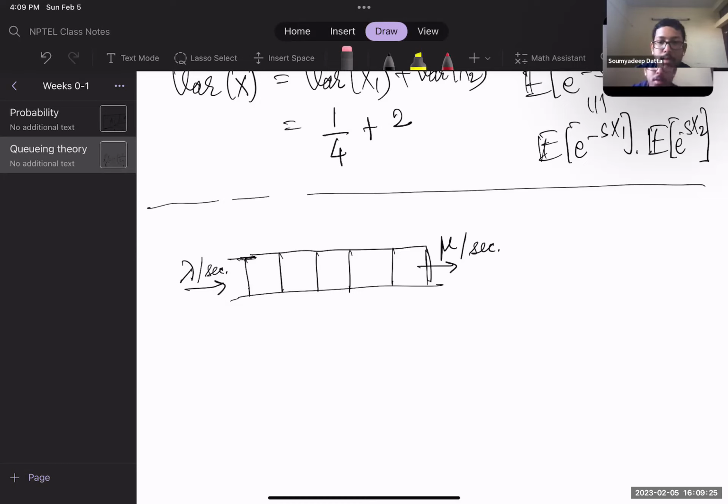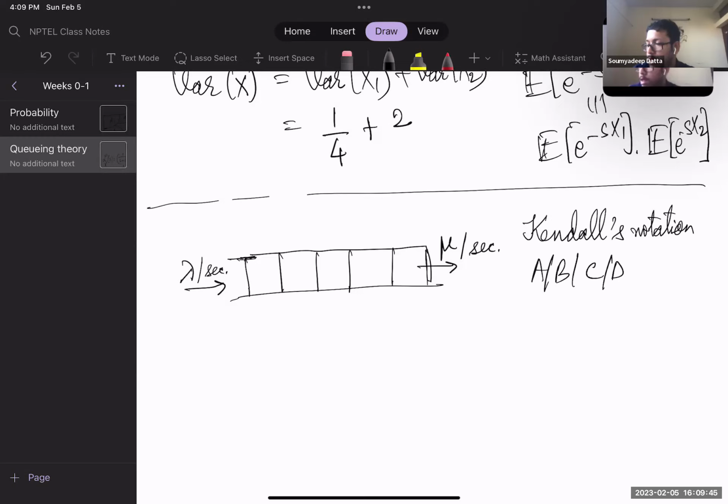And so the very first thing, we have learned about something called Kendall's notation, right? Something like A, B, C, D, E, where each of these has its own meaning. What are the meanings here?